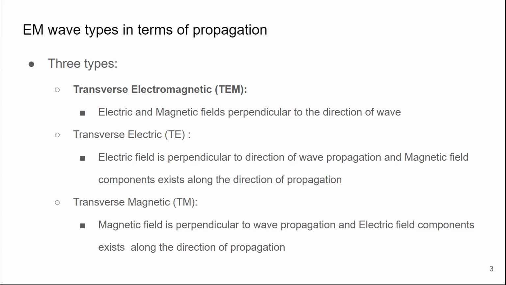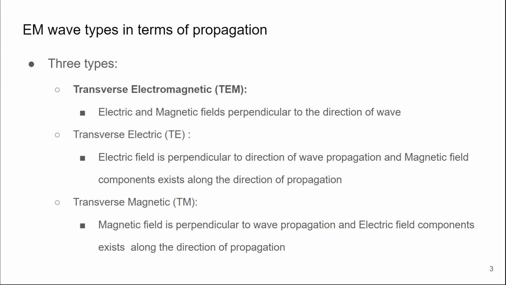The second type is transverse electric mode, where the electric field is perpendicular to the direction of wave propagation, and the magnetic field components exist along the direction of propagation. The third type is transverse magnetic, meaning the magnetic field is perpendicular to the direction of wave propagation, and the electric field components are along the direction of the wave propagating.